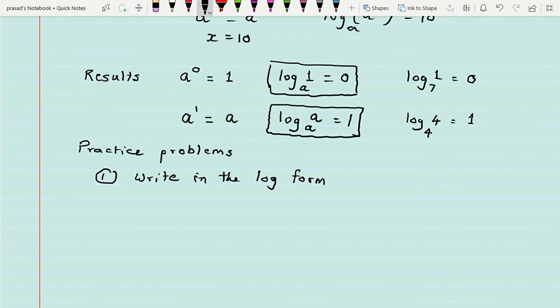So the first one is 5 to power 4 is 625, and the second one 9 cube is 729.